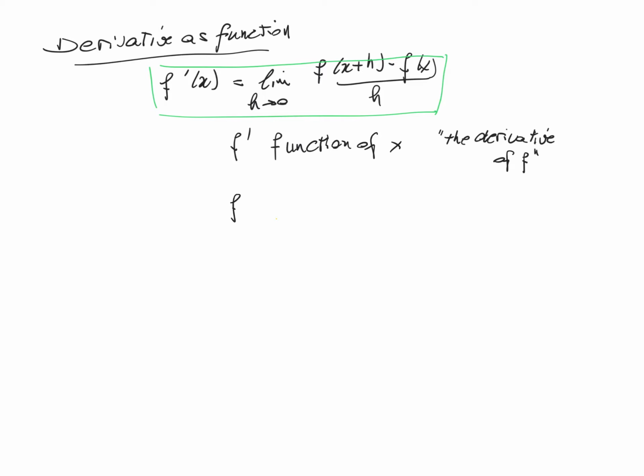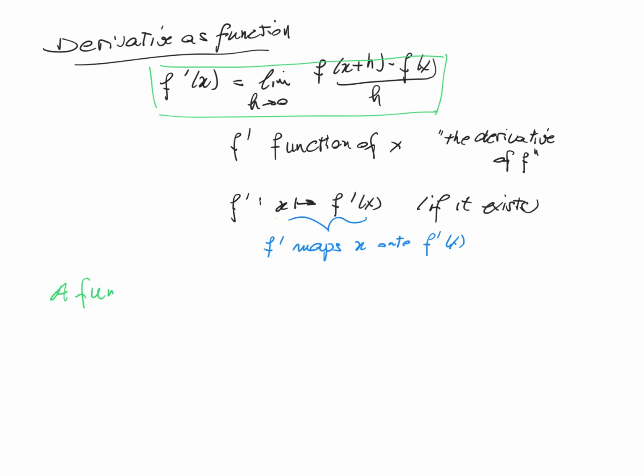So we have the function f prime who maps x onto f prime of x, given that this derivative exists. Then we say that a function is differentiable at some point a if f prime of a exists.